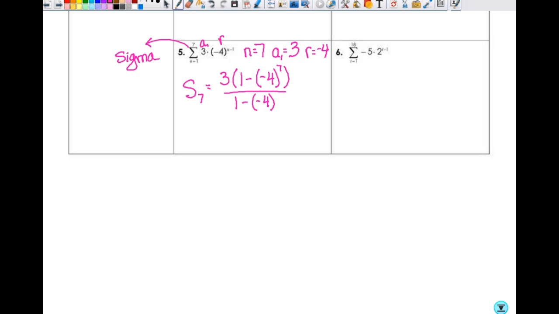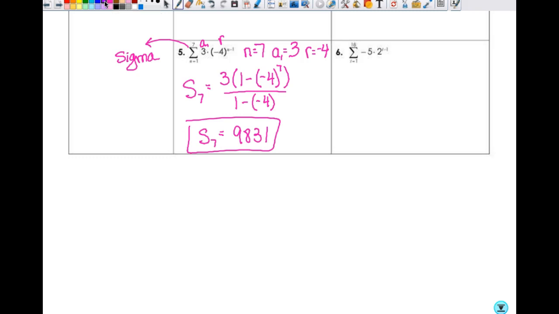Type that in because I want to make sure that y'all are typing this stuff in the calculator correctly. Good. 9831.